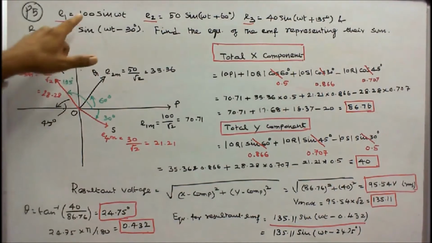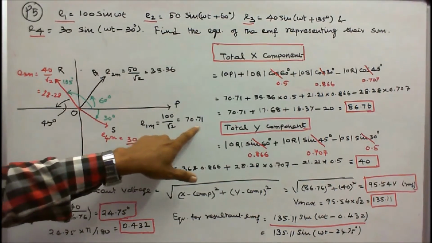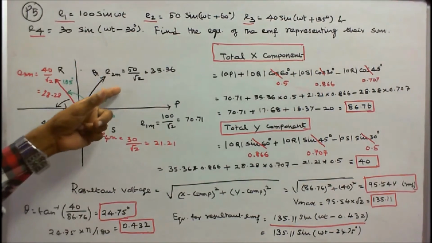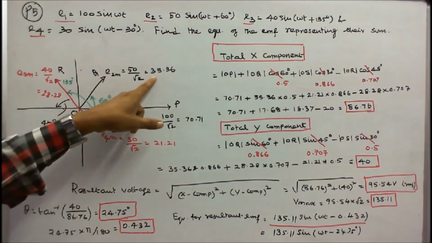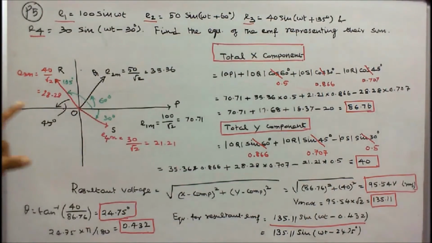Here E1 RMS is 100. Its maximum is 100 by root 2, that is equal to 70.71. E2 RMS is 50. Its maximum is 50 by root 2, that is equal to 35.36. E3 RMS is 40. Its maximum is 40 by root 2, that is equal to 28.28.